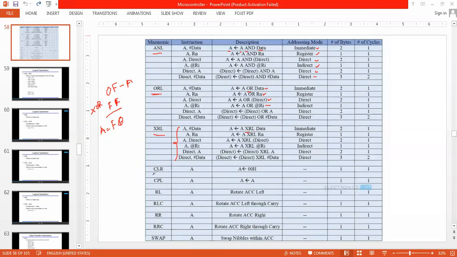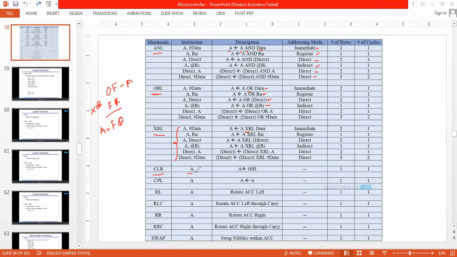Then I have the CLR instruction. CLR stands for clear instruction. So it is working upon only the accumulator register. Even some other registers can also be used here. So for example, CLR A. So what will happen?